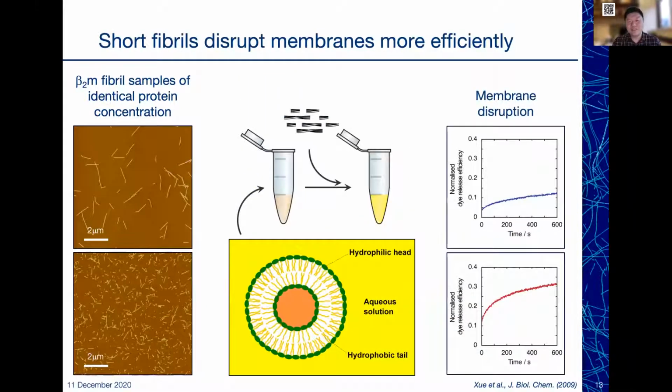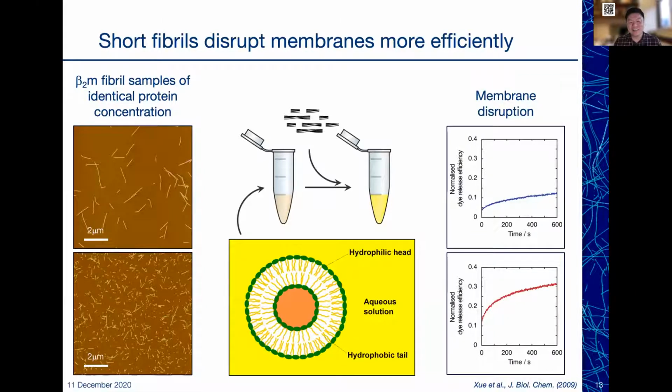One of the possible mechanisms of disruption by amyloid fibrils is through disrupting membranes. Back then we also looked at these types of samples, with exactly the same amount of protein, but with fibrils either fragmented or not fragmented.